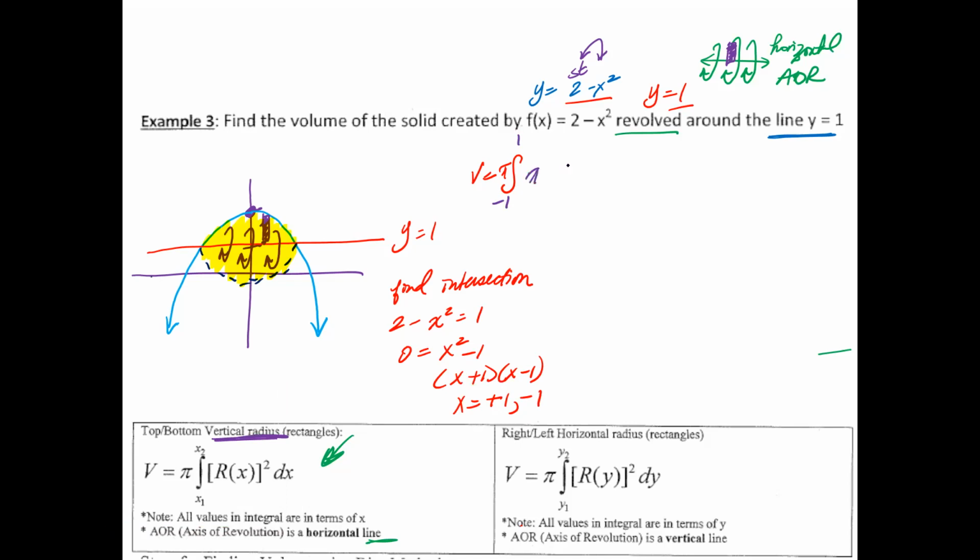And I'm going to have pi r x squared dx. So then I need to find the radius of this rectangle here.